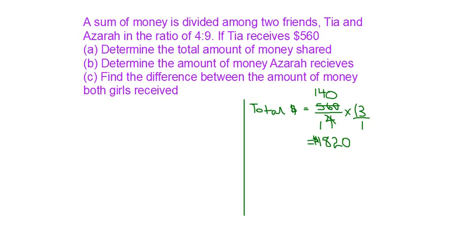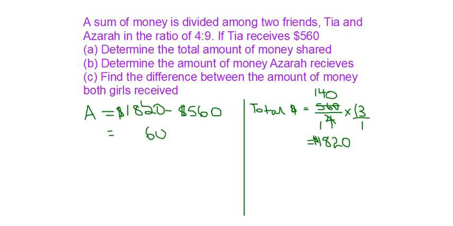So one very, very easy way that we can go about this: Azara's share is equal to the 1,820 subtract the amount of money Tia received, which is 560. And we'll get the answer. Alright? So this is a nice simple way of working it out.